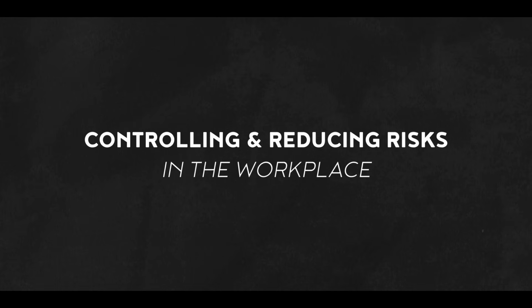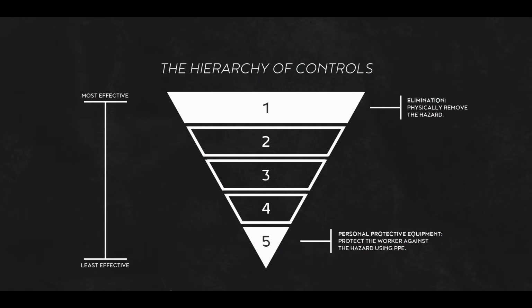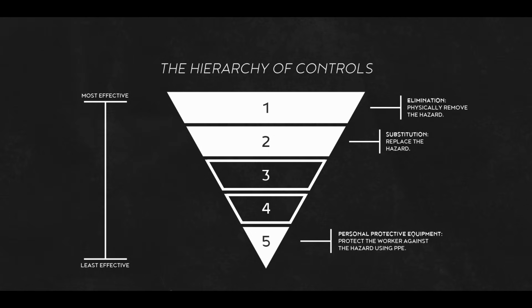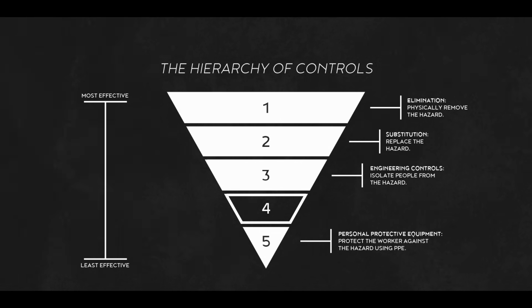Let's just fill out the rest of the pyramid before we talk about these types of controls a little bit more in depth. If elimination isn't completely possible, we need to try and substitute the hazard with other materials or substances or processes which make the work safer. If it's not possible to do this entirely, we need to consider engineering controls, which again will create barriers between the workers or the possible assets and the form of harm.